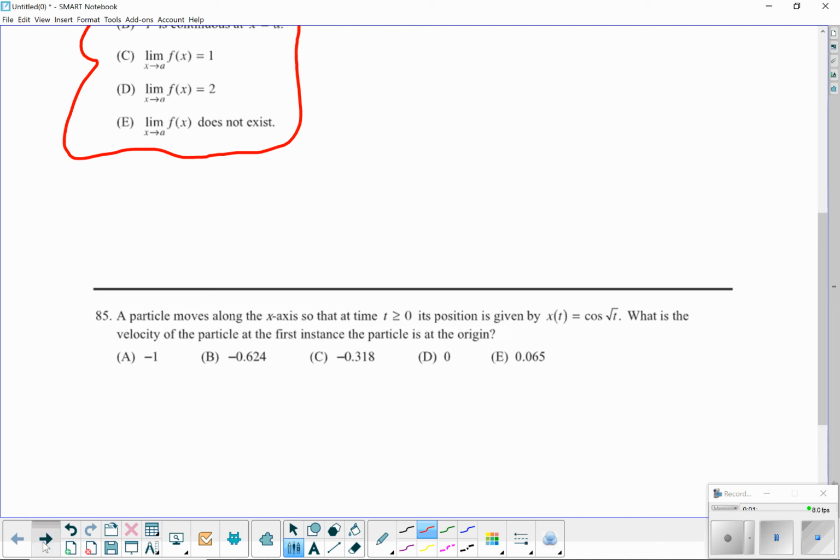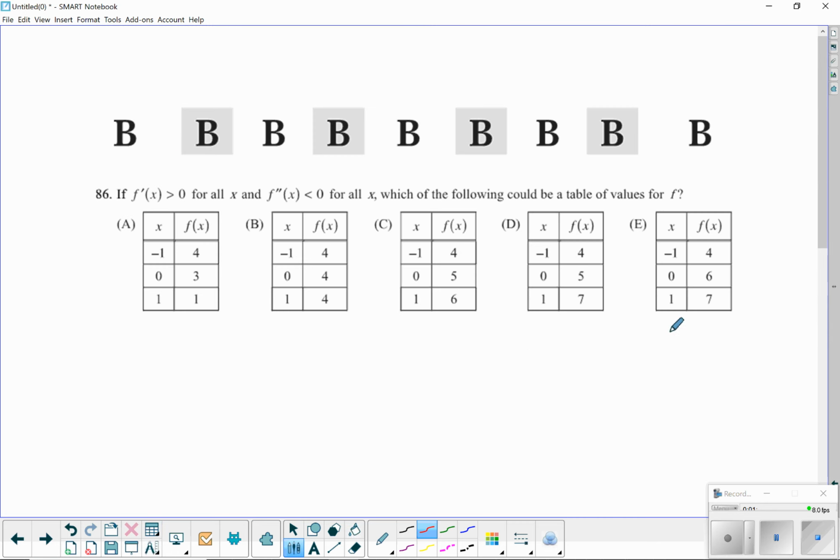And then 86, this one we started. If the first derivative is greater than 0, and the second derivative is less than 0, meaning it's concave down, right? Which of the following could be a table? So we looked at this one, we said that it couldn't be B because if you look at all the values, negative 1 is 4, 0 is 4, 1 is 4.